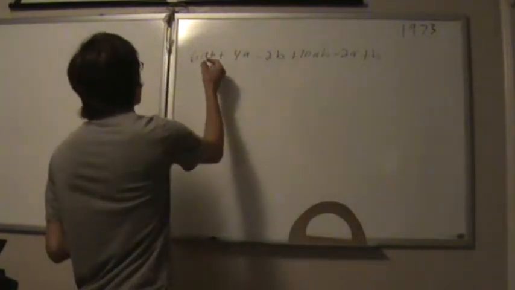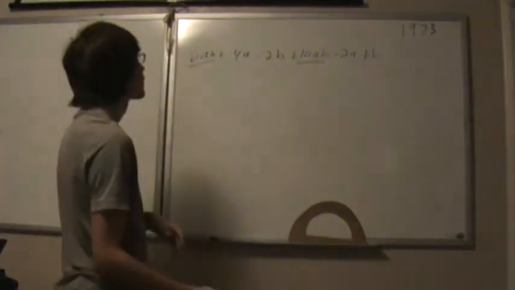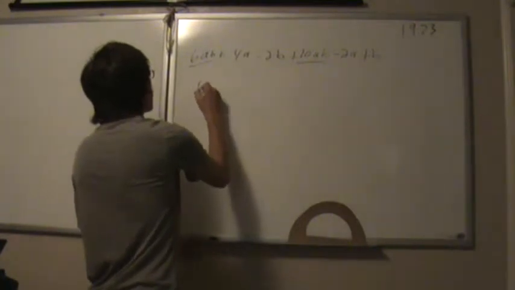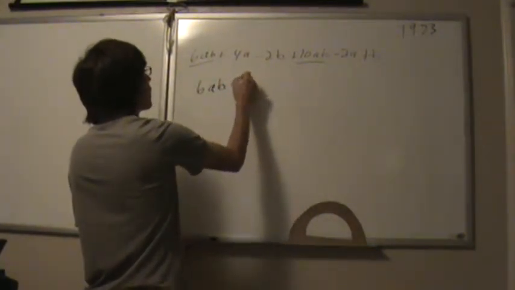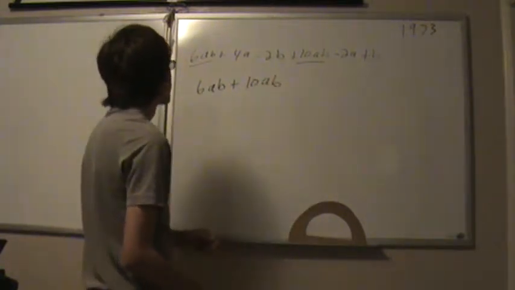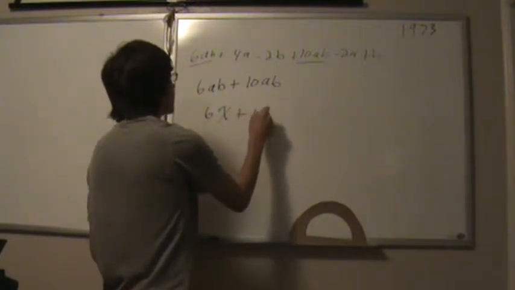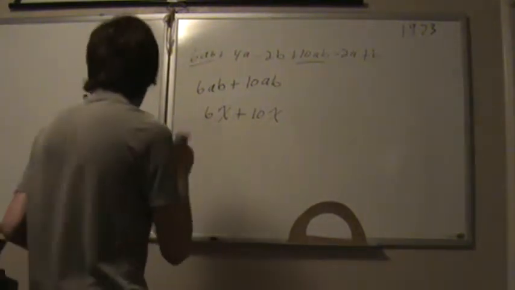In this case, we would combine 6ab and 10ab. So 6ab plus 10ab is like saying 6x plus 10x. That's the same thing.